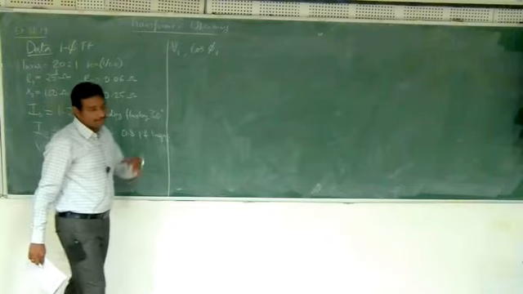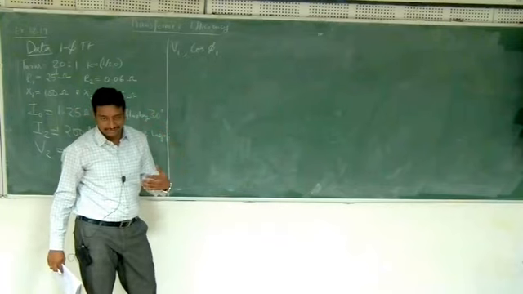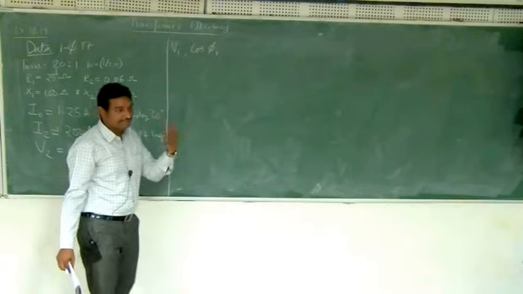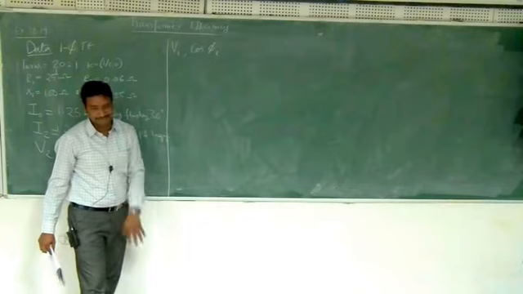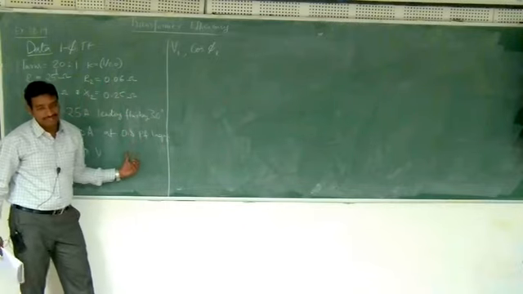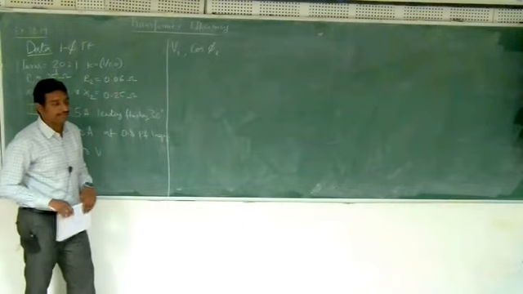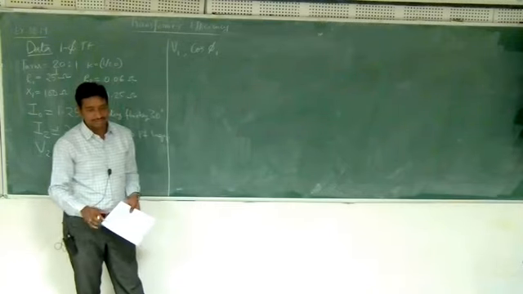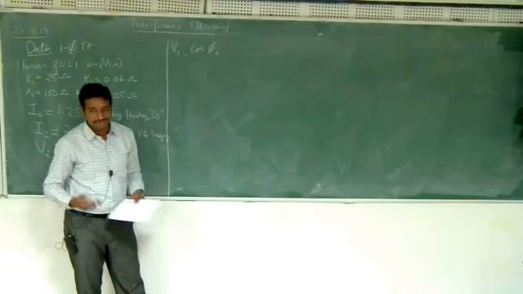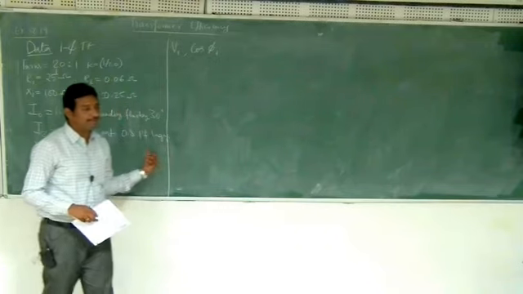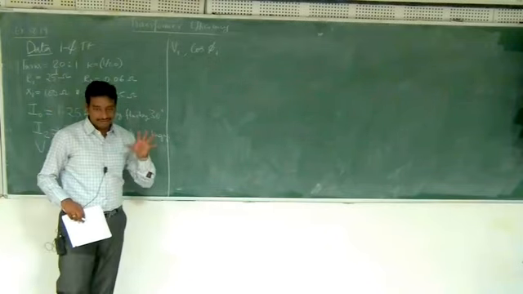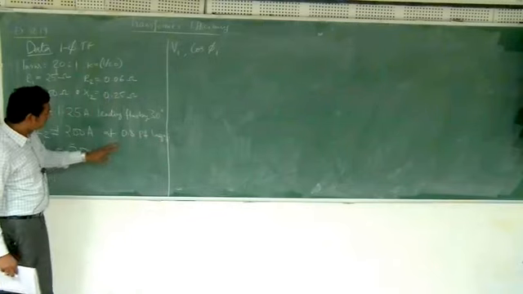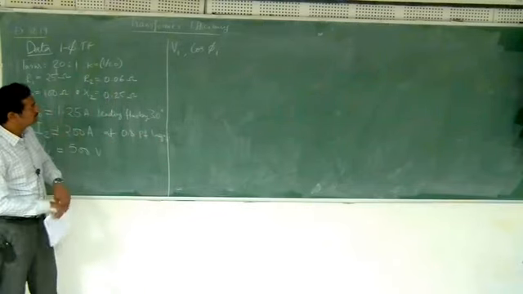Right away we can tell that the power factor of the primary will be slightly lesser than that of the secondary. I am expecting something like 0.7 something. The reason is that there is some inductance in the transformer itself, and there are some reactive power losses in the transformer. Because of that, the power factor of the primary will be poor.